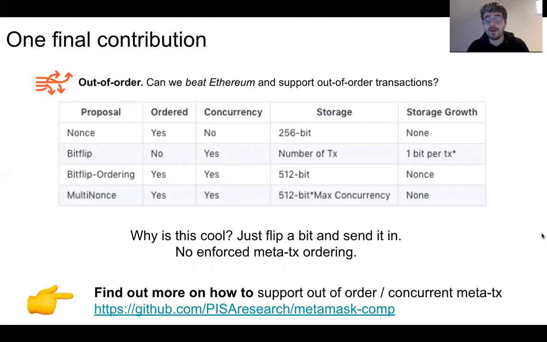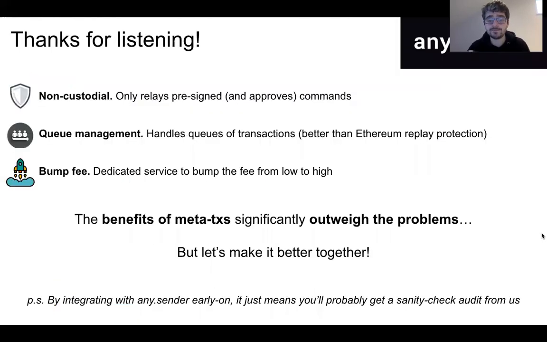You can learn much more about that at the GitHub, PISA research/metatransaction comp. We've actually built the Bitflip one into any.sender. It'd be really cool to see other relayers use these replay protections, because it's so much more flexible for the user, and hopefully someday they'll end up in Ethereum.